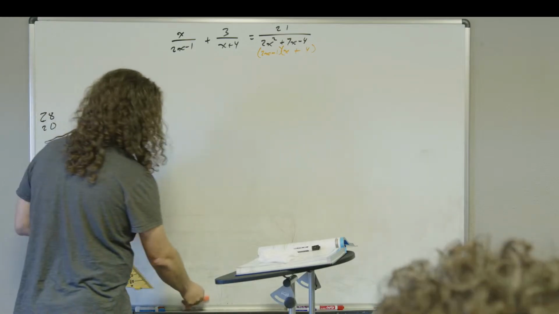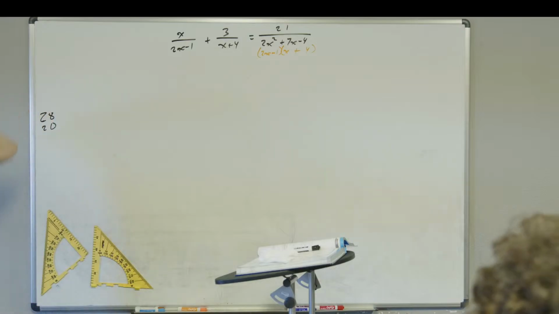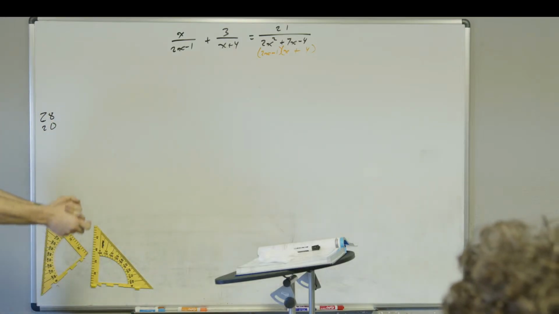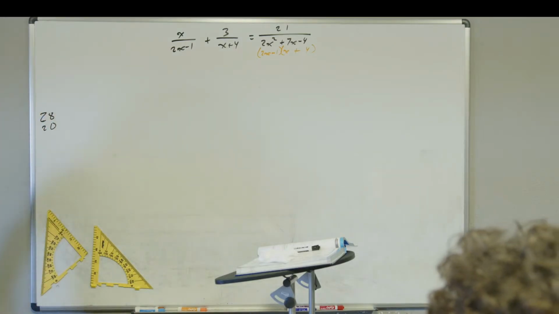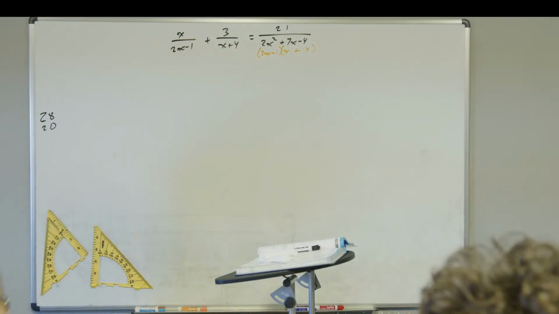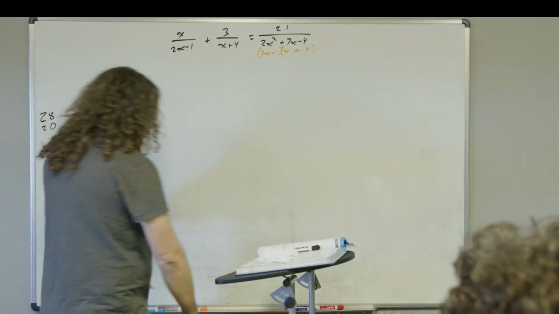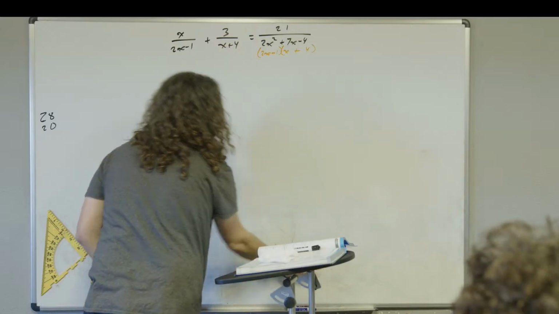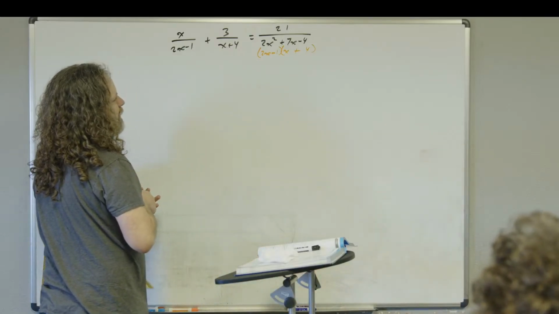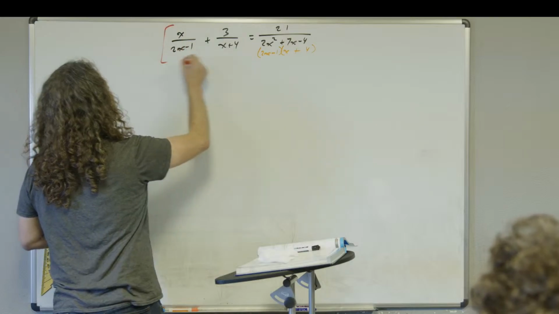Okay. Does that work? Is that how it factors? That would be 8 minus 1. Negative times a negative is a negative. Factors. Great. Now what? Now we find the least common denominator.